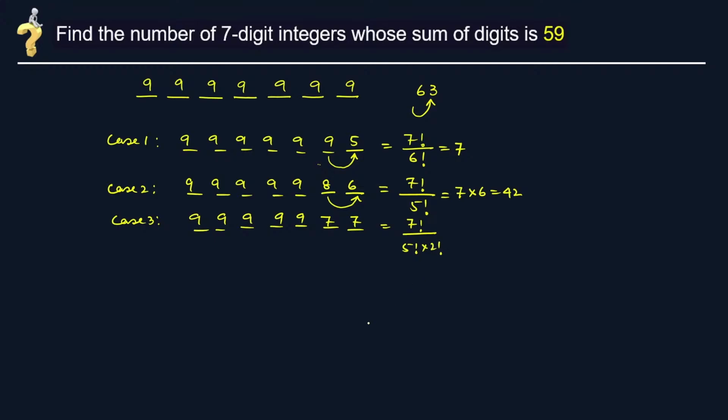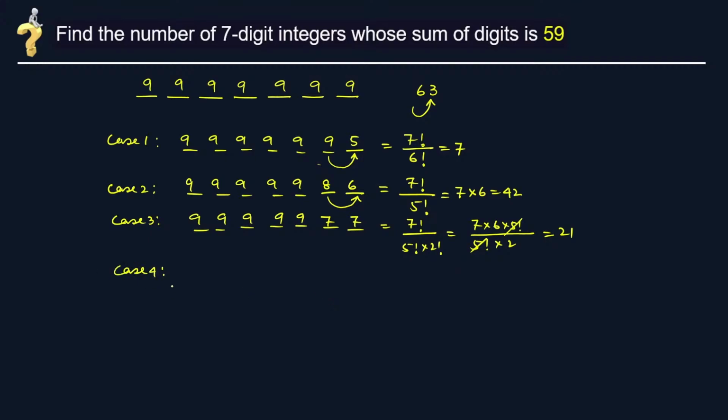Why? Because the 5 nines are identical and the 2 sevens are identical. Therefore, if we calculate this, what are we going to have? 7 into 6 into factorial 5 divided by factorial 5 into 2. So this gives us 21. Is it clear? Now what are the other cases?